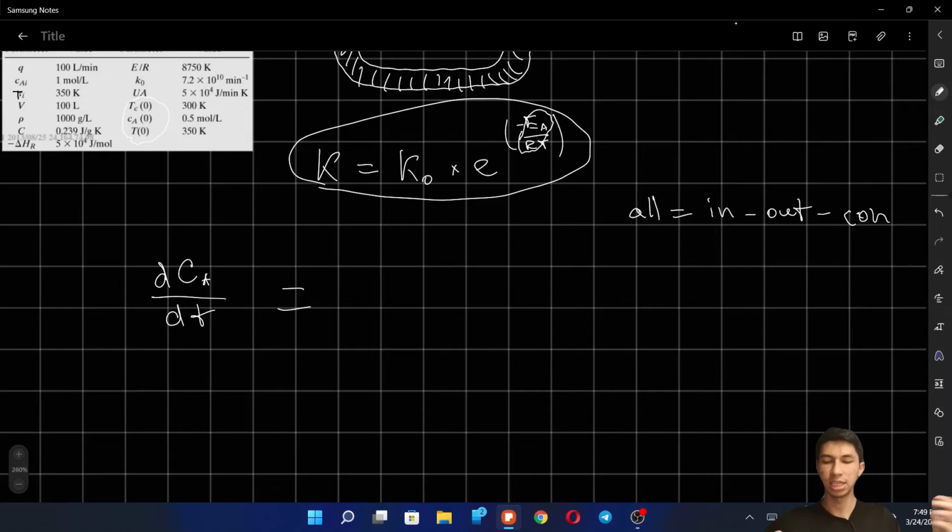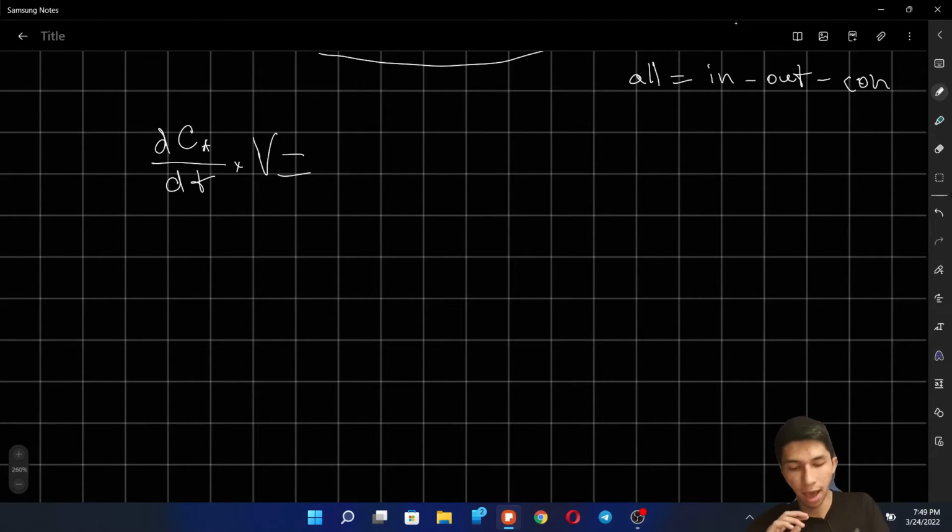So we have our rate of change of the concentration. We can multiply this by volume and try to set up this side. This is going to be equal to the flow rate times the concentration, right?